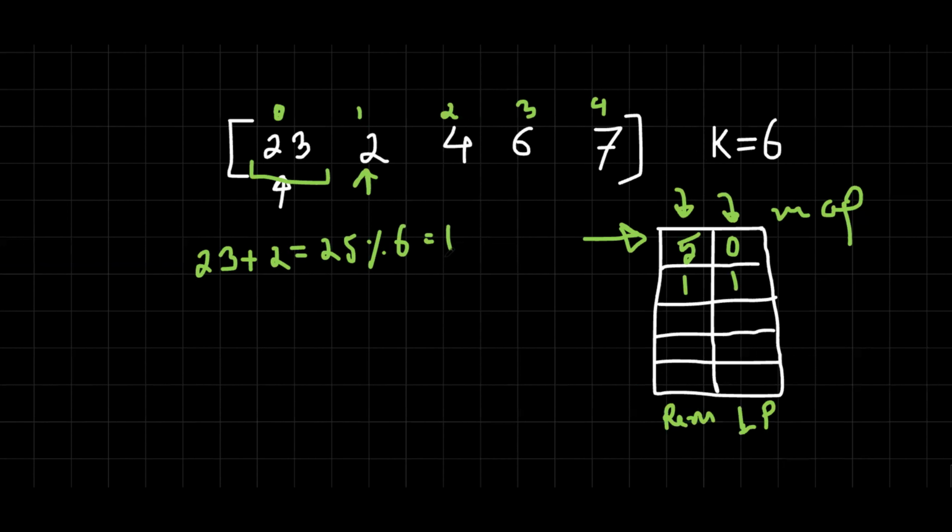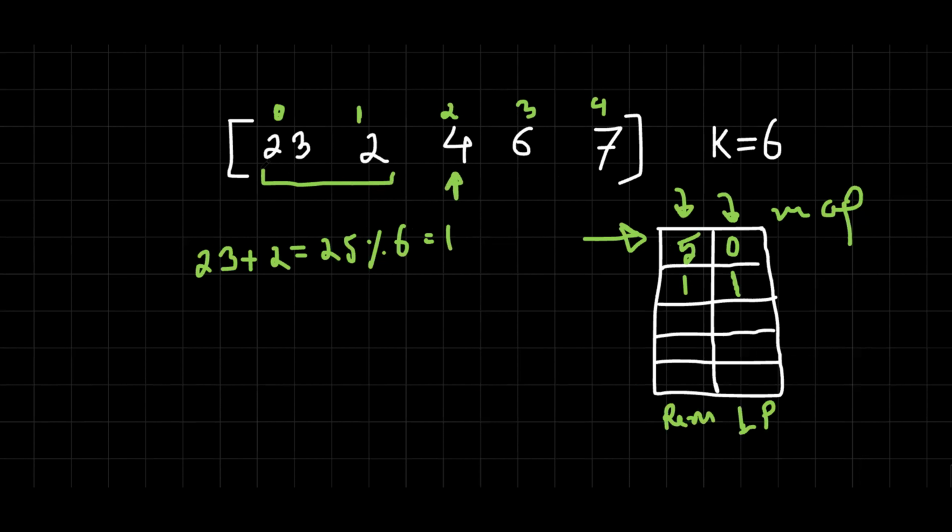That means in our given input array, we have a prefix where the modulus of the summation of all of the elements with k will be 1, and that prefix ends at index position 1, so here, this one. Now we are at this element 4.